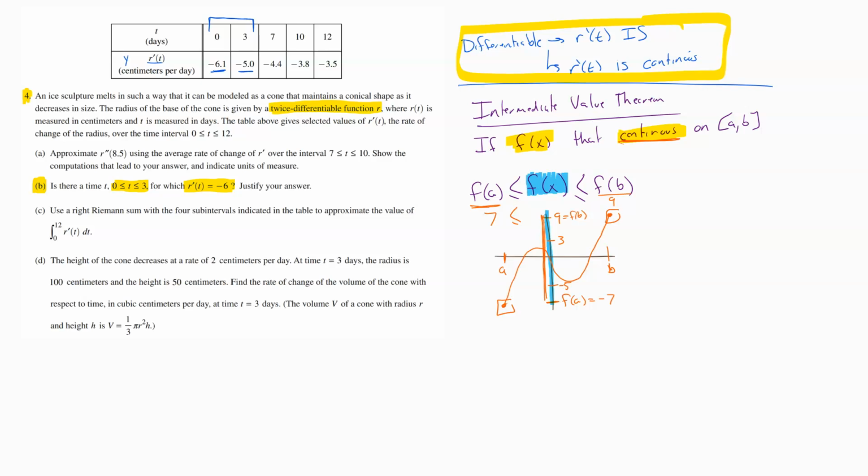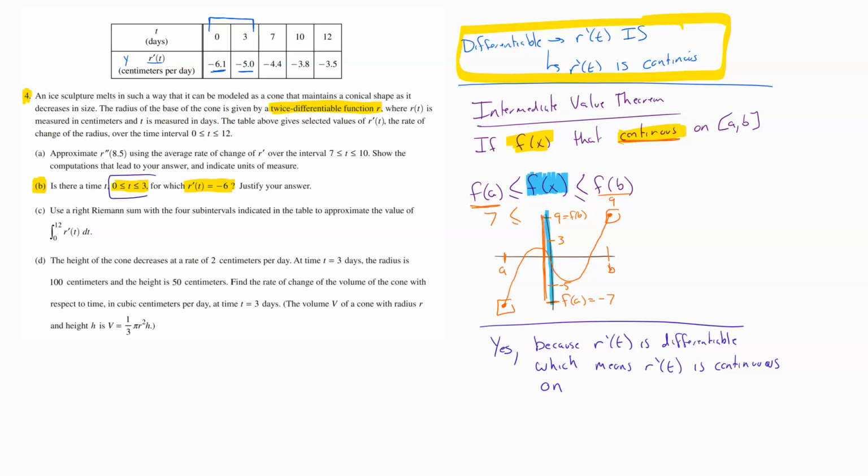And so the conclusion we can draw is, yes, there is a time because r prime of t is differentiable, which means r prime of t is continuous on the interval that we care about, so on the interval from 0 to 3.